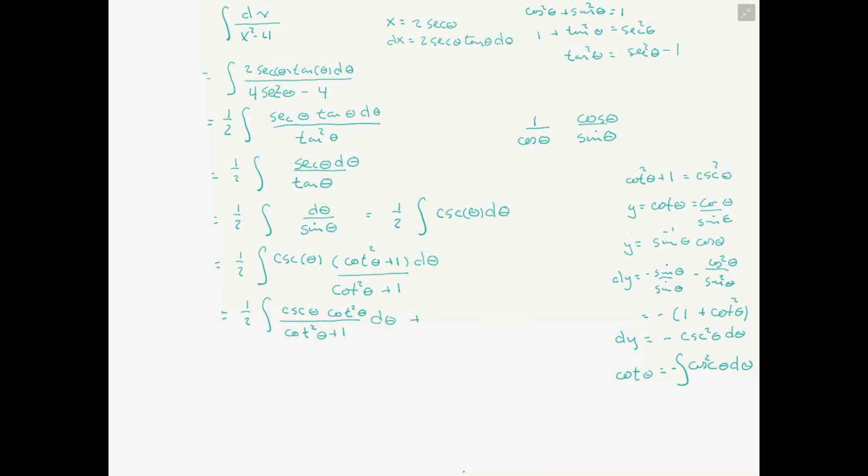So we have cosecant theta cotangent squared theta on cotangent squared theta plus 1 d theta plus cosecant theta d theta on cotangent squared theta plus 1. Okay.